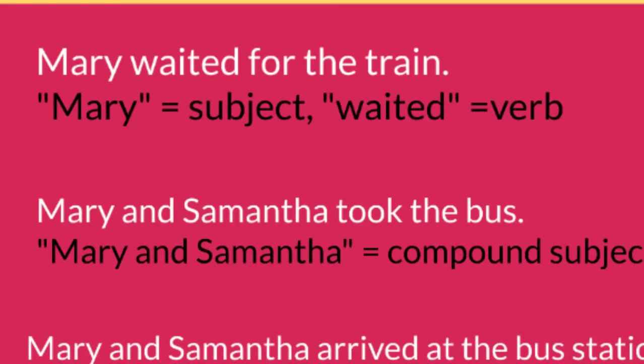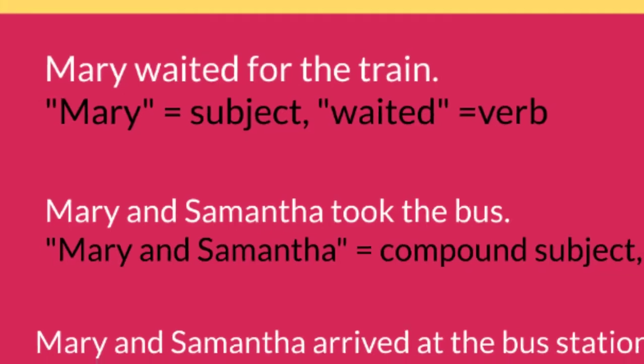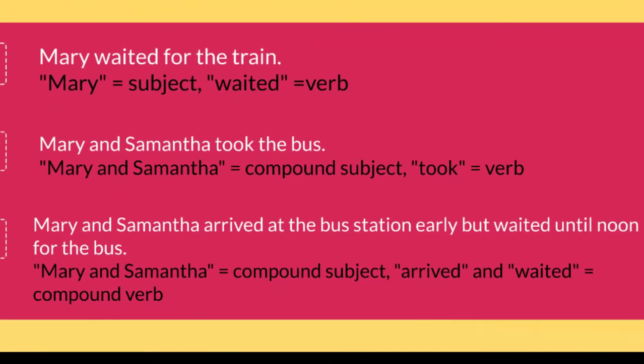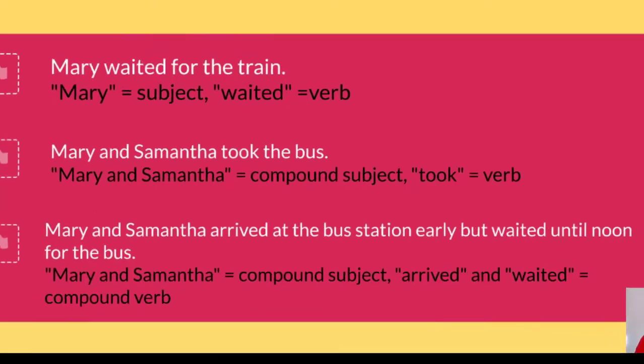One idea, one thought. Looking at the third one, if you notice, it says Mary and Samantha arrived at the bus station early but waited until noon for the bus. So this is still a simple sentence because although it has a compound subject and a compound predicate, it is still sharing one idea.